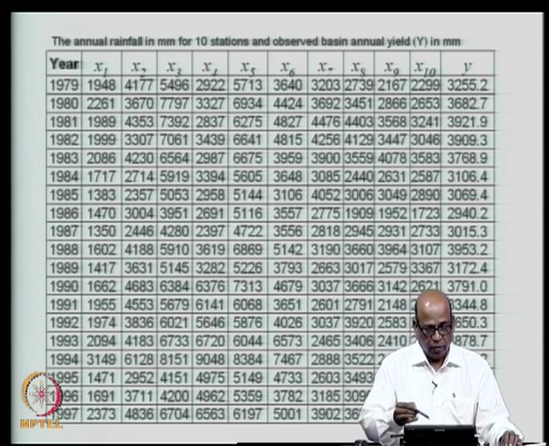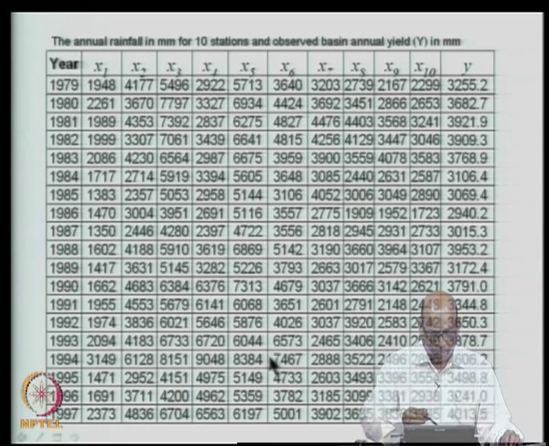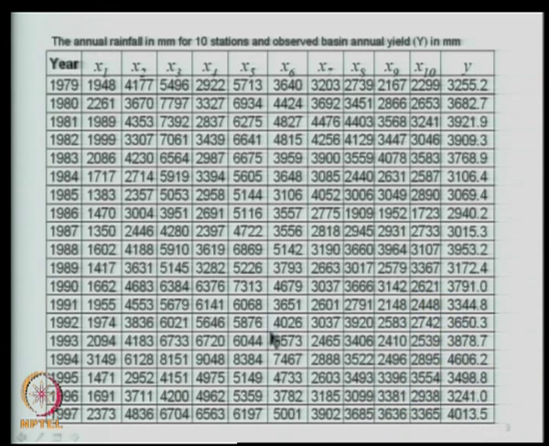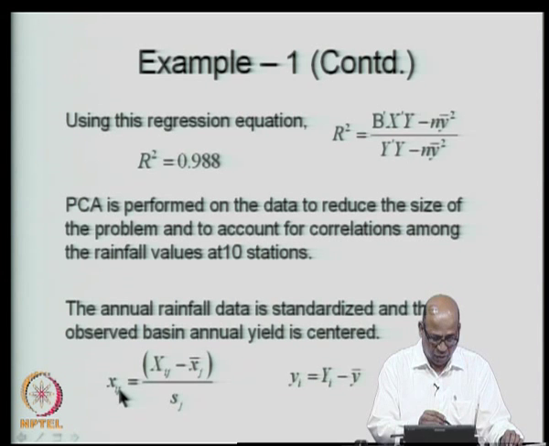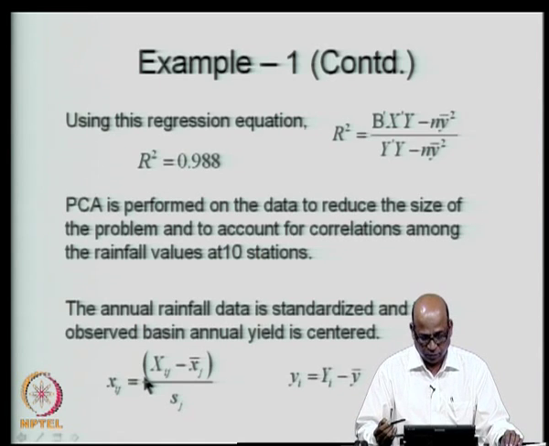That is, you take any station, the mean of this and the standard deviation of this you use to standardize the data at station number 6. That is what we do here, and so corresponding to each of the stations, we obtain n values, 19 values, which are all standardized values.